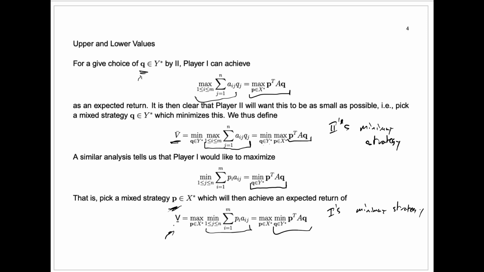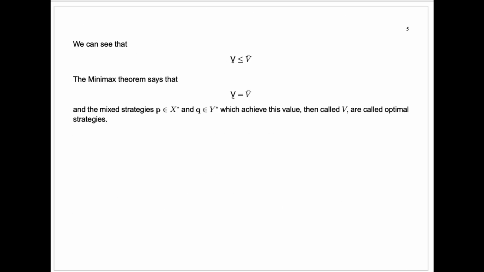Well, if player 1 can force the return to be at least V lower bar, and player 2 can force the return to be no bigger than V upper bar, we must have the situation where V lower bar is less than or equal to V upper bar. Why? Because it would be a contradiction if V lower bar were bigger than V upper bar.